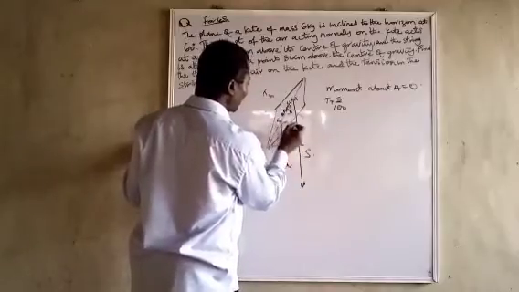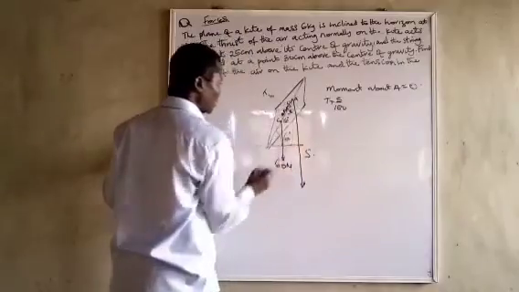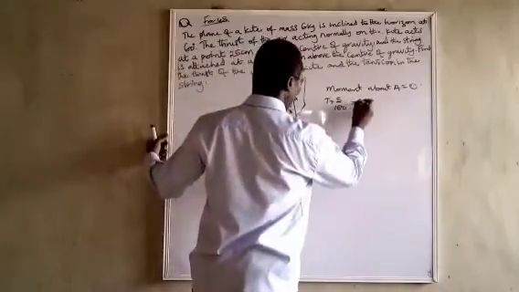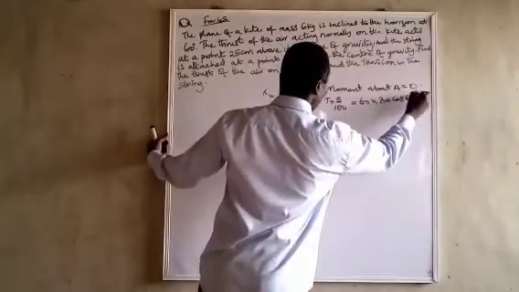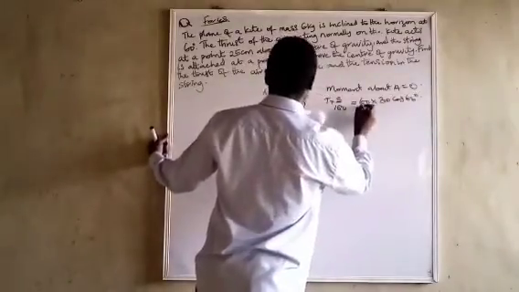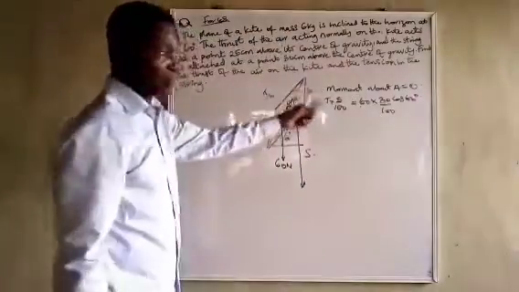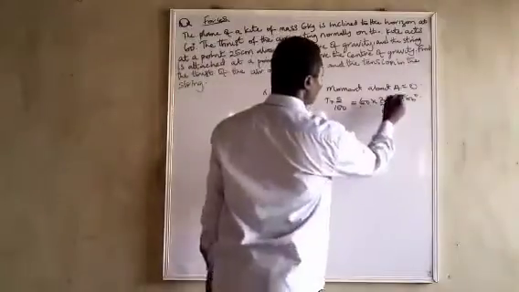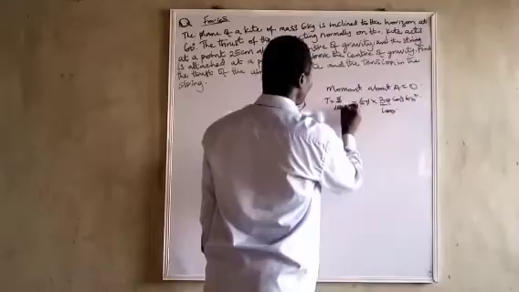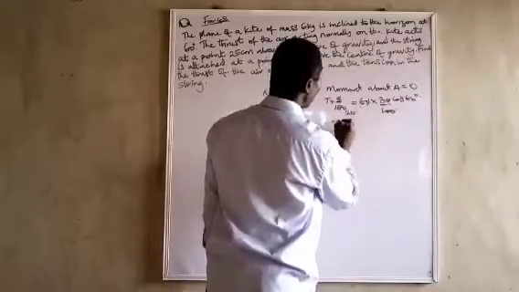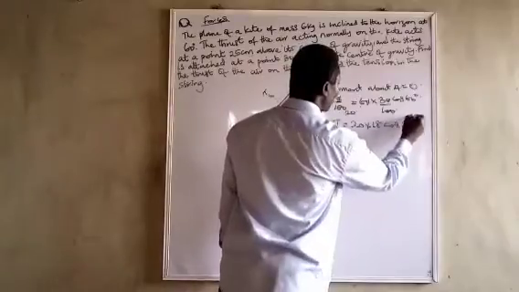We are told that this is 60 degrees, so it's going to be 60 times 30 cos 60 degrees. And this one is 30 over 100 because they are in centimeters, please. That's why I'm dividing by 100 to convert them to meters. So this one will cut this, and this one will be 20 here. Therefore, T will be equal to 20 times 18 cos 60 degrees.